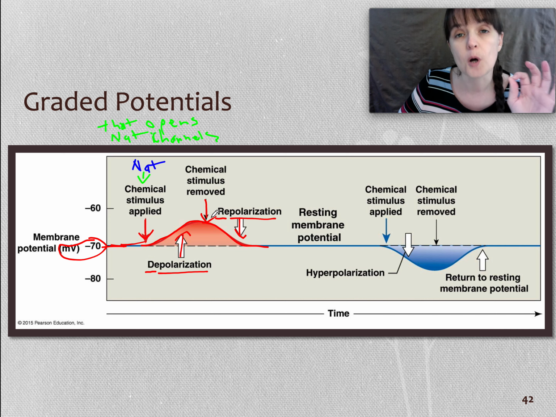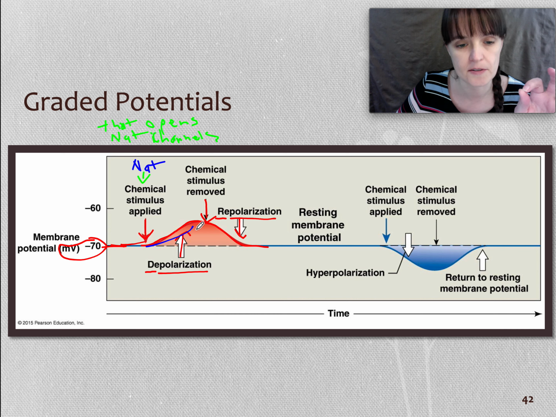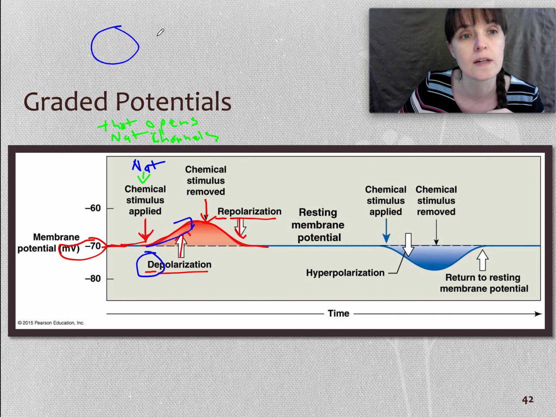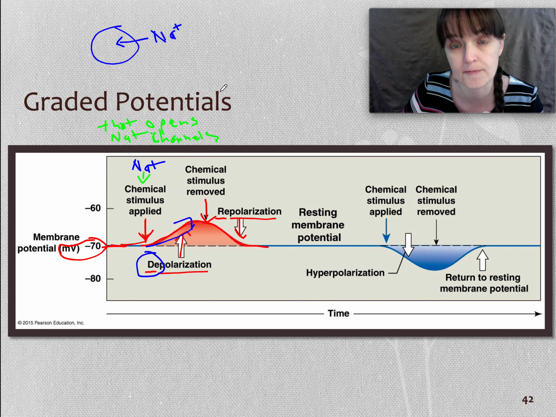So if you open sodium ion channels, you get a depolarization. It makes it less negative because sodium, like fools, rush in. Anytime you increase sodium permeability, sodium rushes inside the cell.